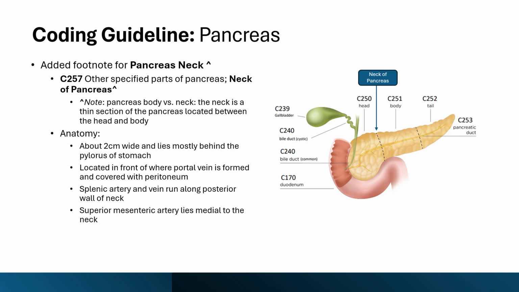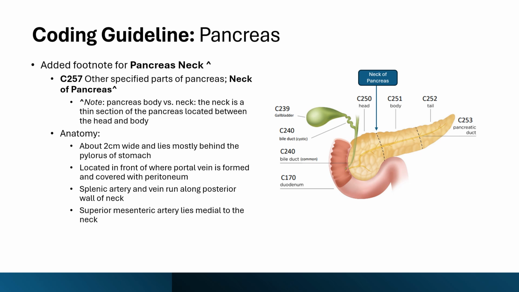It lies mostly behind the pylorus of the stomach. It's also located in front of where the portal vein is formed, and it is covered with peritoneum. The splenic artery and vein run along the posterior wall of the neck, and the superior mesenteric artery lies medial to the neck. So this is a very dangerous area for having a cancer and needing to do surgery. So again, neck of pancreas, giving us a little more clarification of where this is in regards to the anatomy of the pancreas.